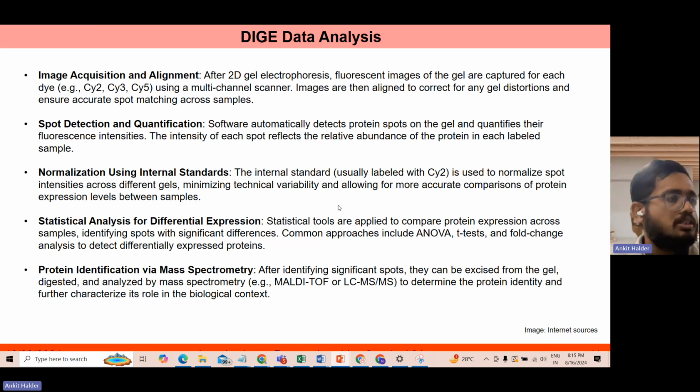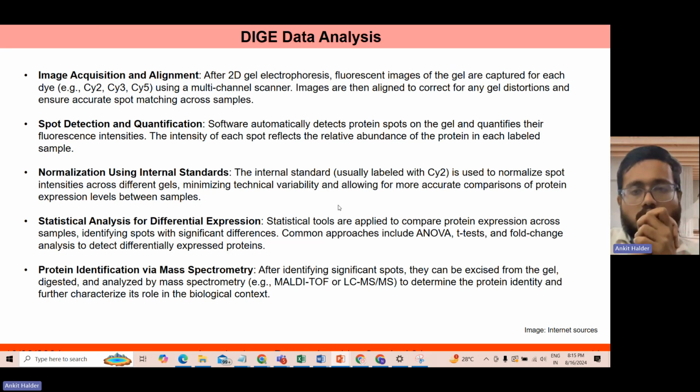Second, we have to capture the image of each dye, Cy3, Cy2, Cy5, using a multi-channel scanner. Then we have to correct and align, detect spots, and normalize using the Cy2 dye, because that's why the internal pool sample and the Cy2 dye are provided.